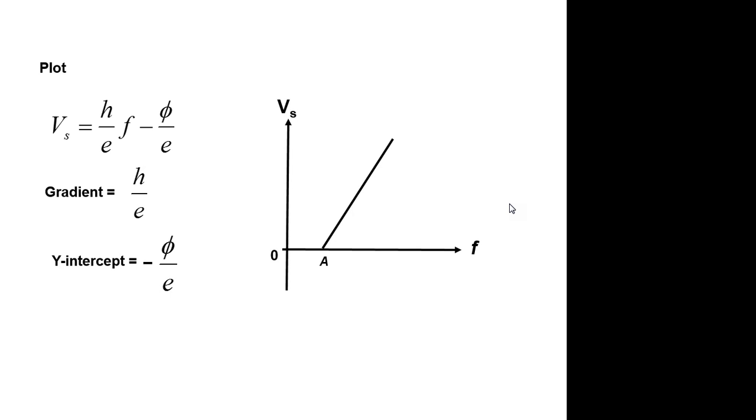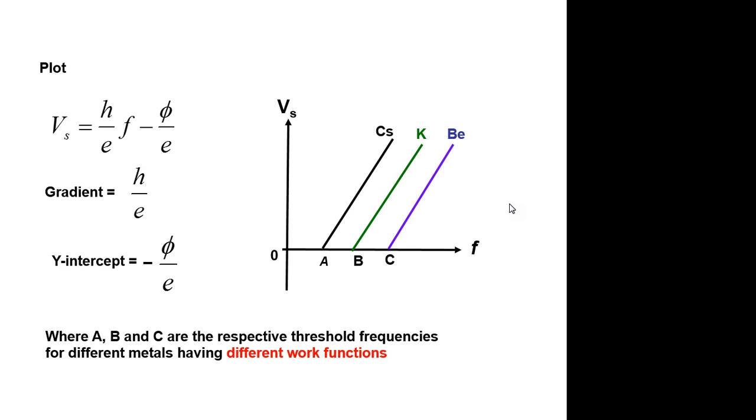So if we plot this again, we have this. So now what if we change the metals, right? Remember one of the questions I have in the guiding question is, what if we change the metals? If we change the metals, this is what we get. Okay? These are not any random metals, but they are specific metals. This is cesium, potassium, and beryllium.